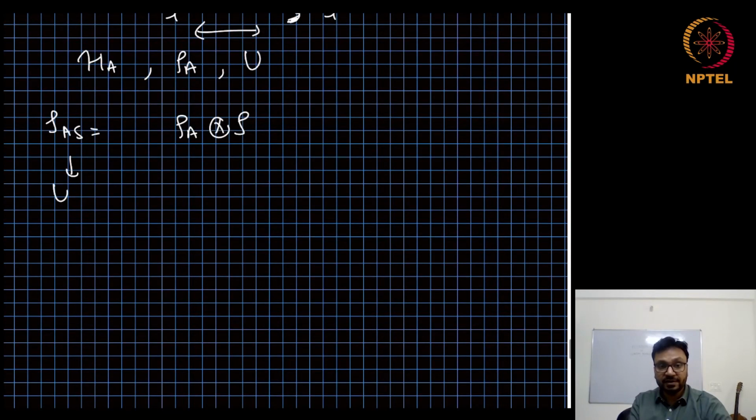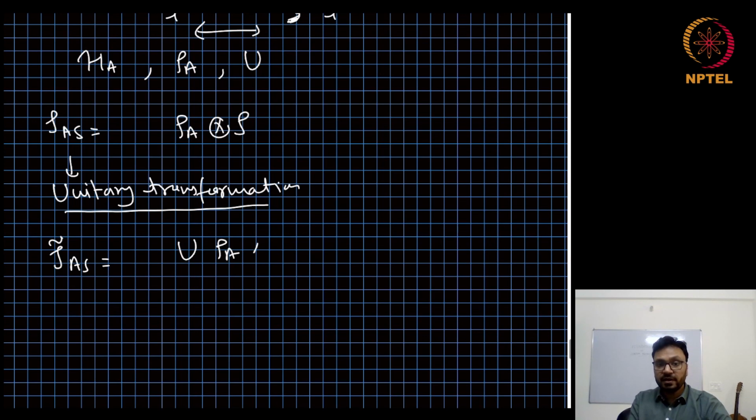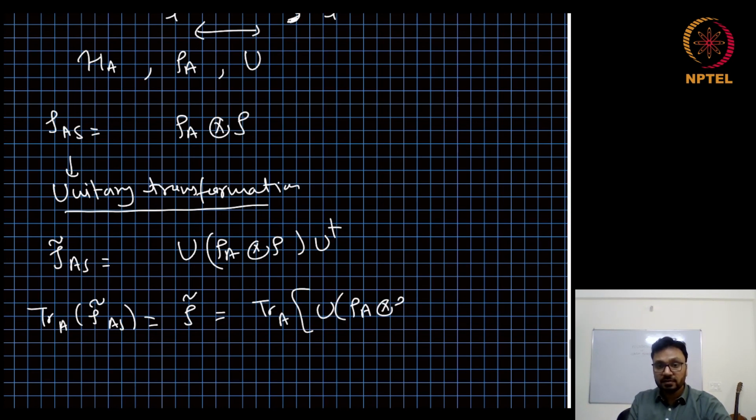After that, we do the unitary transformation. Then we get rho tilde AS to be U rho A tensor rho U dagger. And then we trace over the ancilla. We get rho tilde, which is trace over ancilla of U rho A tensor rho U dagger.